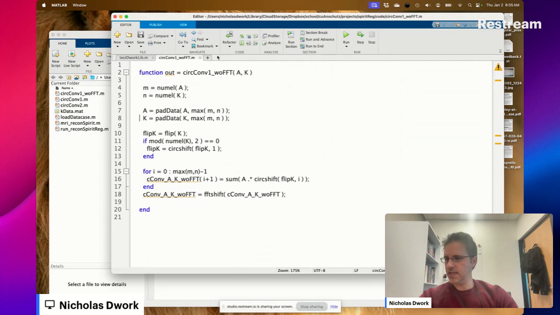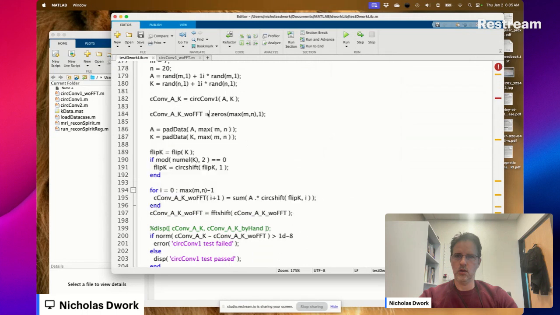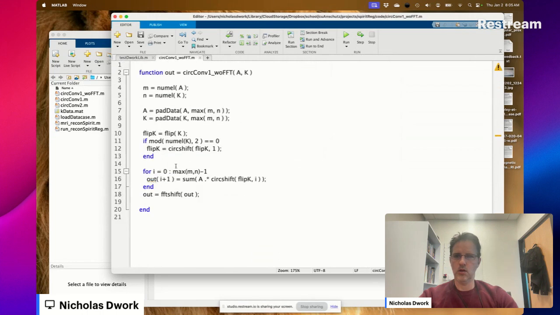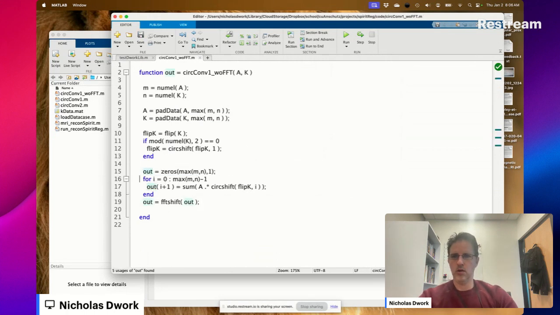This function is not going to stay around. This is just for testing. I believe this is it.